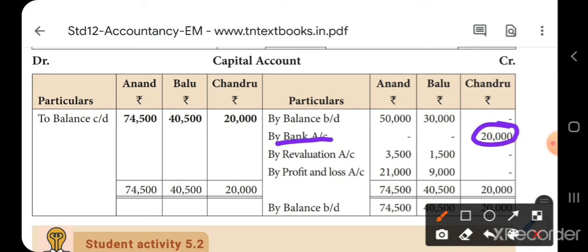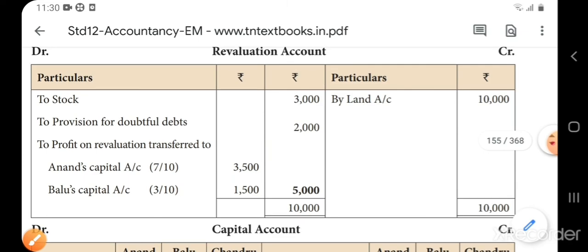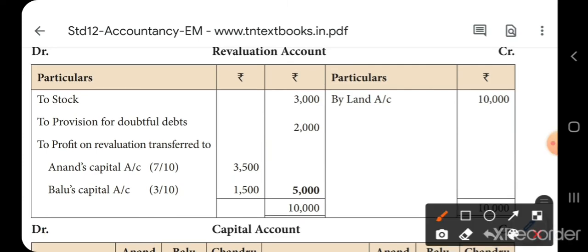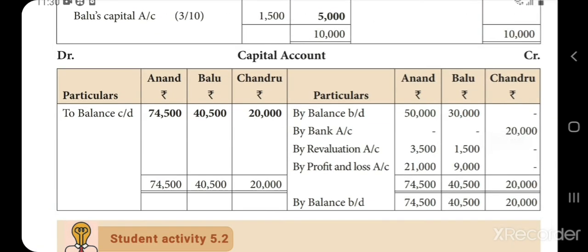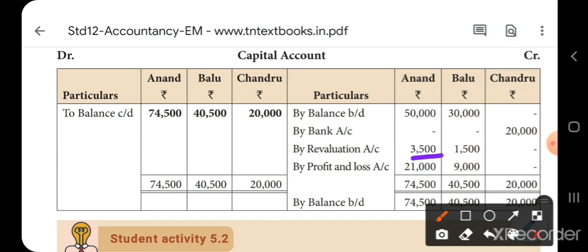Next transaction is you have the profit on revaluation which is transferred to partner's capital account. So you will write by the profits on revaluation. So revaluation 3,500 and 1,500, only for the old partners you are giving, not for the new partner.